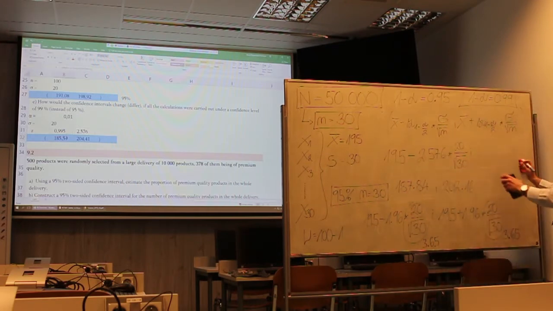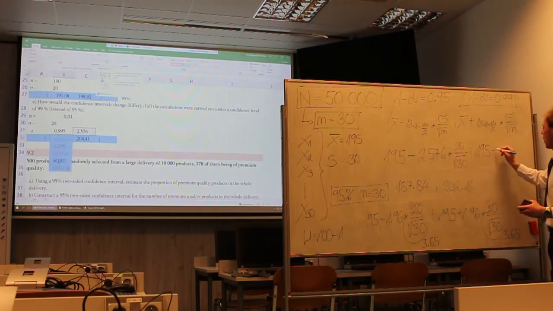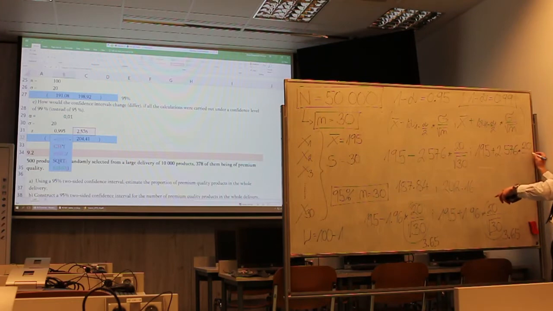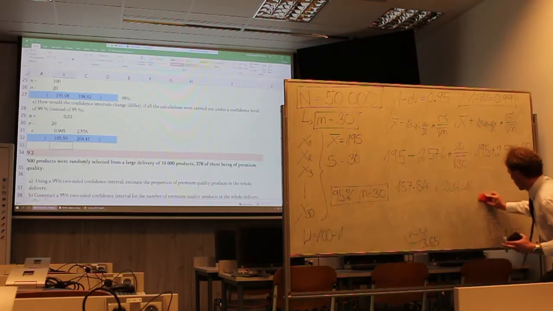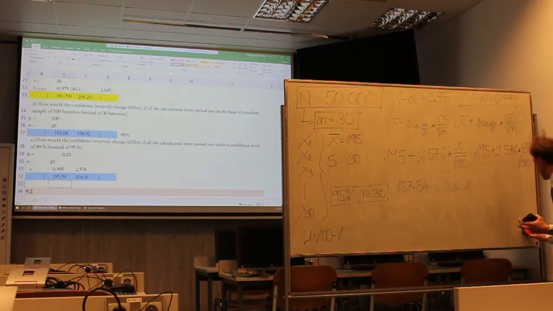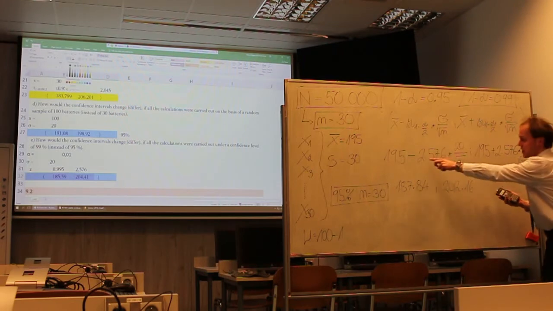So this is the left bound, and the right bound is 195 plus 2.576 times 20 divided by square root of 30. So we will solve this and compare the result.